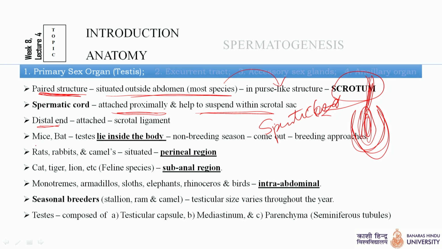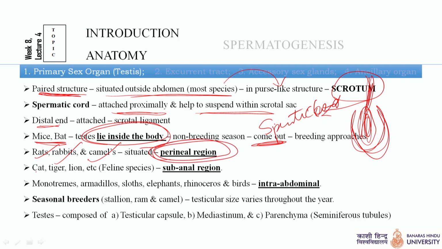In species such as mice and bat, the testis just lies inside the body during the non-breeding season. Whereas during the breeding season, the testis will try to come out in species such as mice as well as the bat. In species such as rat, rabbit and camel, the testis is situated in the perineal region.